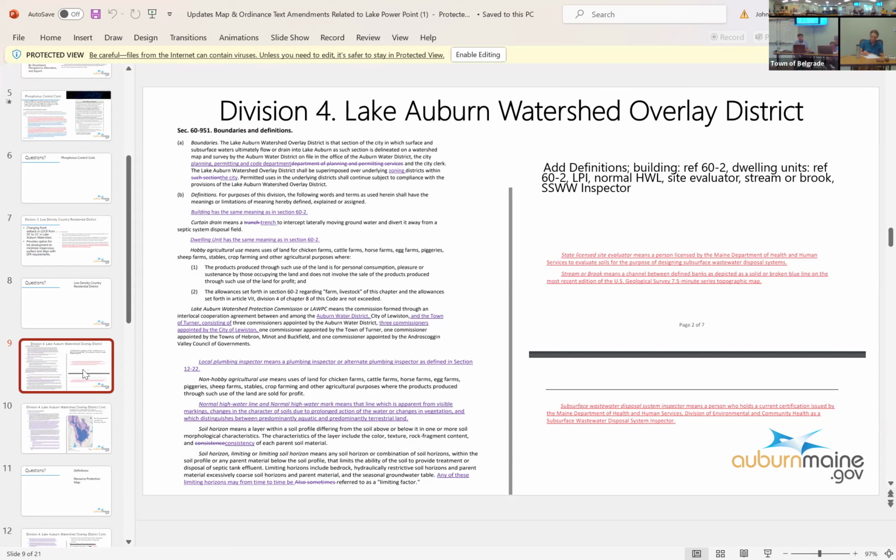If you talk about septic systems, I'm sure Dave Rowe talked a little bit about this. It's where the seasonal high water table comes up and creates mottling in the soils, and that's what site evaluators look for. And so, they had 36 inches, which is well above what we do in the shoreline zone and in the watershed.